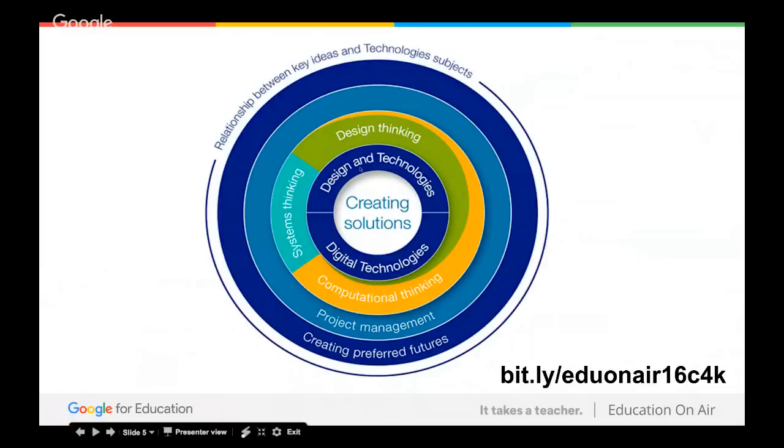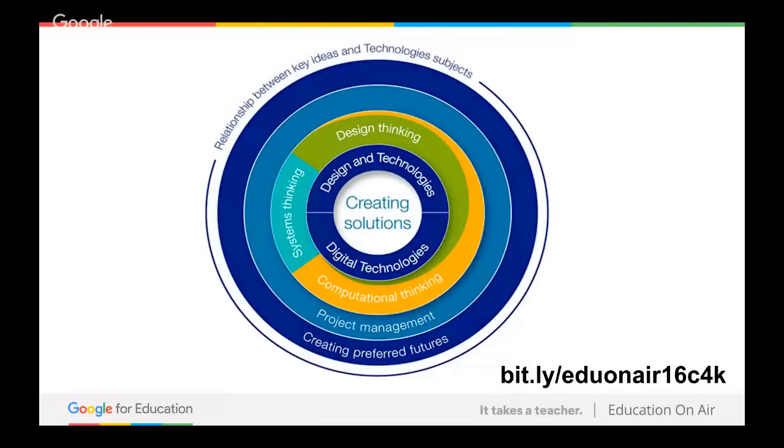So this circle tells us a lot about the curriculum. So it has in the middle about creating the solutions. So it's all about problem solving and creating solutions. But to do that, we can go through a few different processes to meet that. So partly we have digital technologies and design technologies.